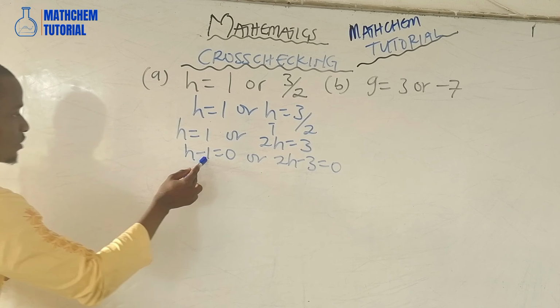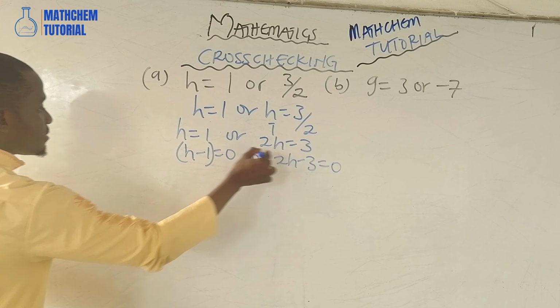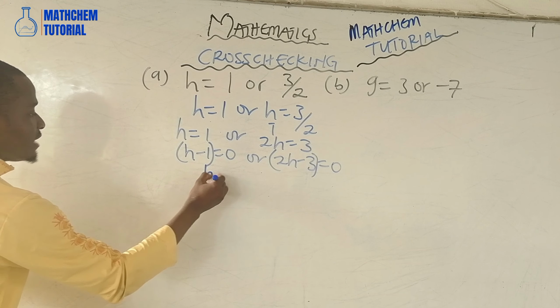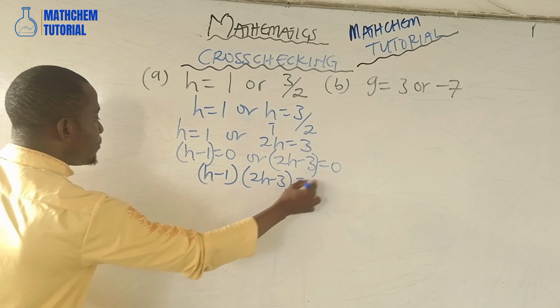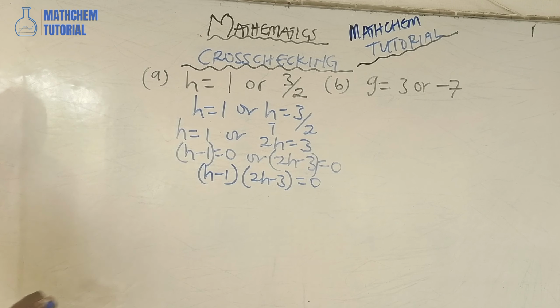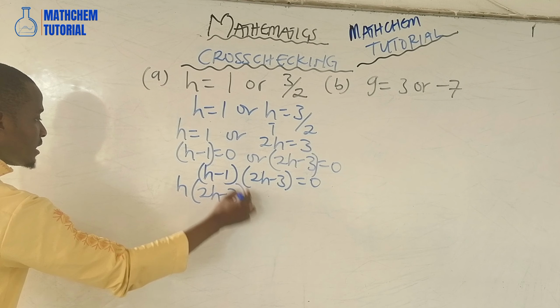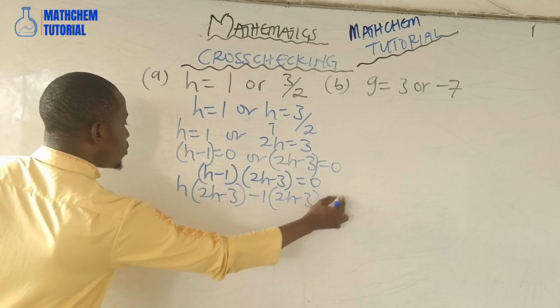I will multiply h minus 1 with 2h minus 3. So let me bracket it. That will be h minus 1 multiplied by 2h minus 3, they are both equals to 0. So let me multiply: h in bracket 2h minus 3, minus 1 bracket 2h minus 3 equals to 0.